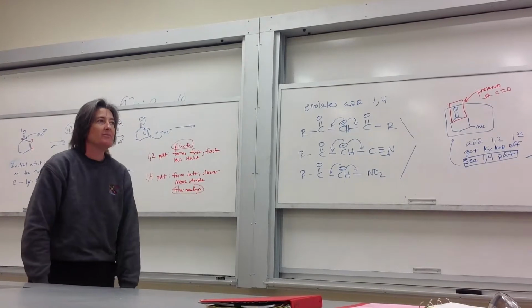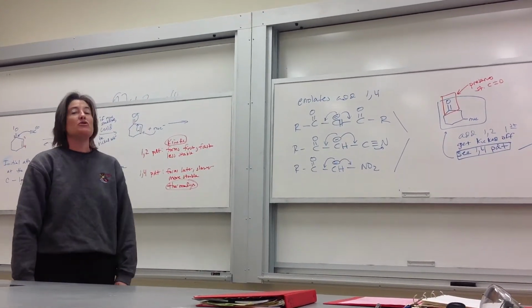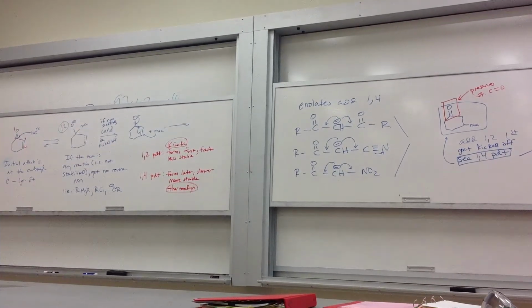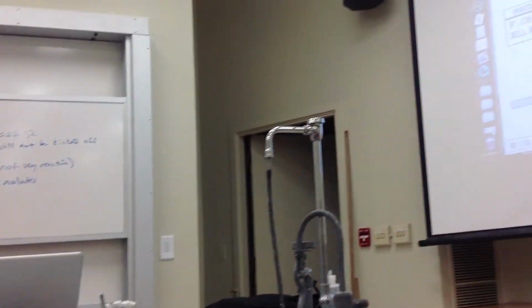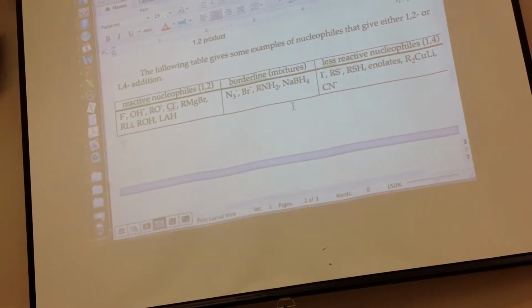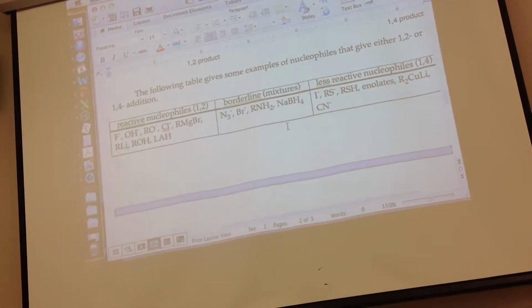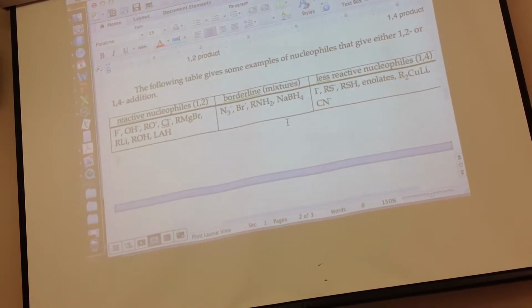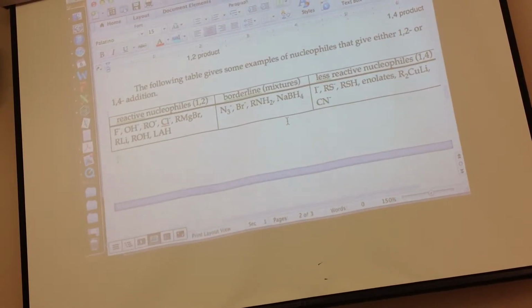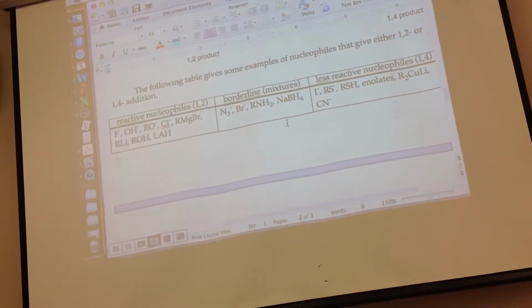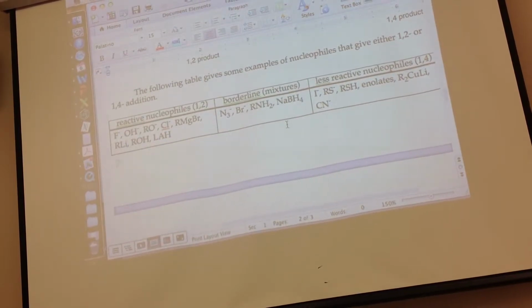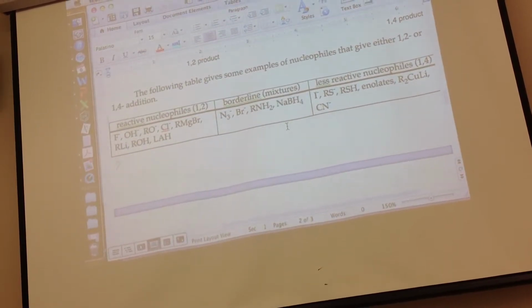Then a number of them, this is just a smattering, give you mixtures. If you take a look at the middle grouping there, the mixtures, they're nucleophiles that are pretty good. They're not the most reactive. They aren't really stabilized though. They're just kind of in the middle, so they will give you mixtures.